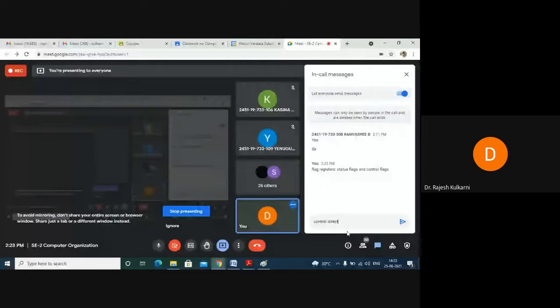So we'll be mentioning direction, interrupt, and trap in the chat window as control flag. So control flag consists of direction, interrupt, and trap. Read in the chat window, there are two lines.